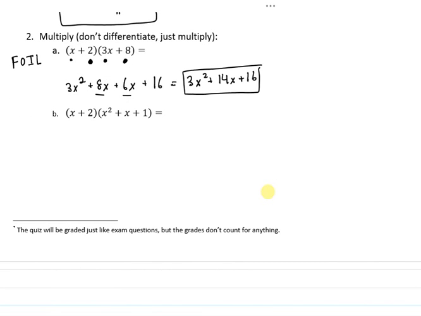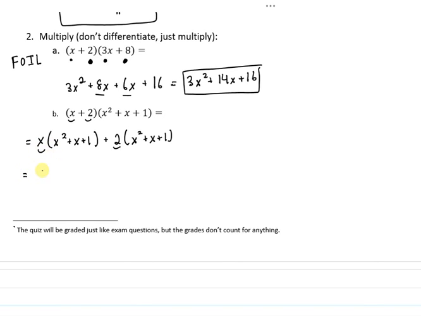For part B, because it's a 2 by 3, I can't just FOIL, but it's kind of the same deal. But I'm going to write it in an easier way. I'm going to take the x and the 2 and I'm going to distribute them. So I have x times x squared plus x plus 1 plus 2 times x squared plus x plus 1. So there's my 2, there's my x.